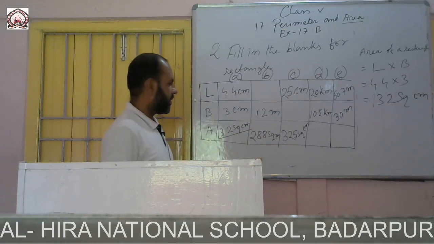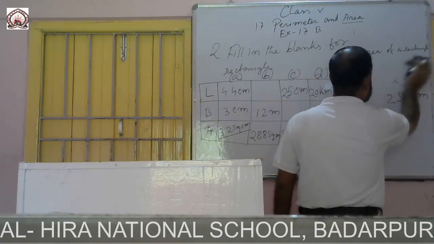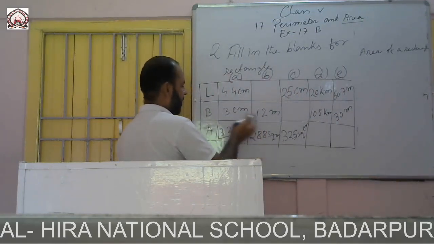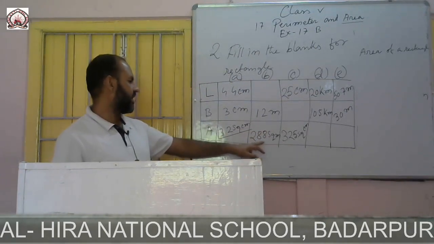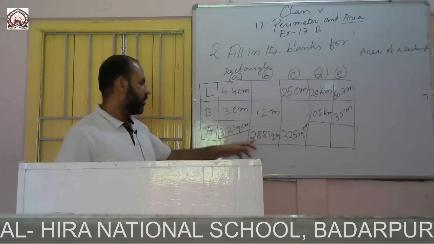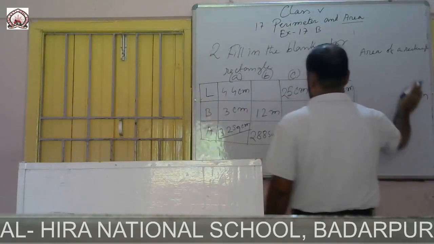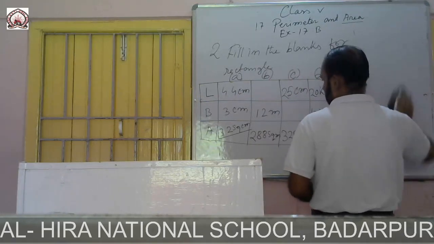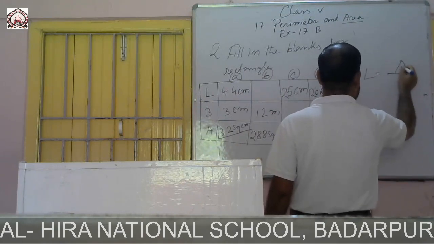Next, we take out length; breadth equals 12 and area equals 288 square meter. We know length equals area by breadth.